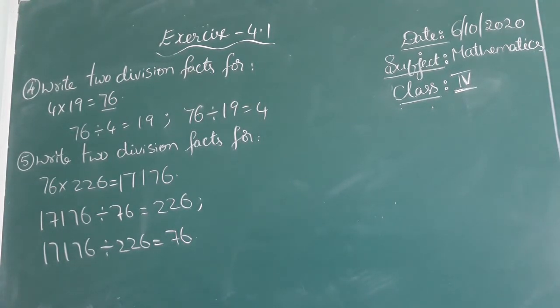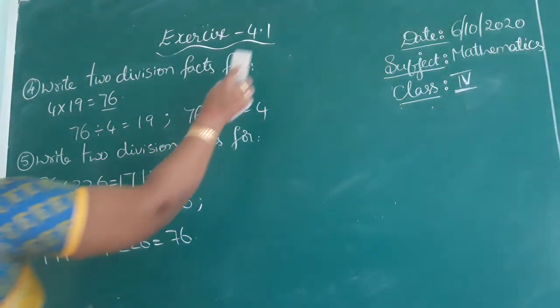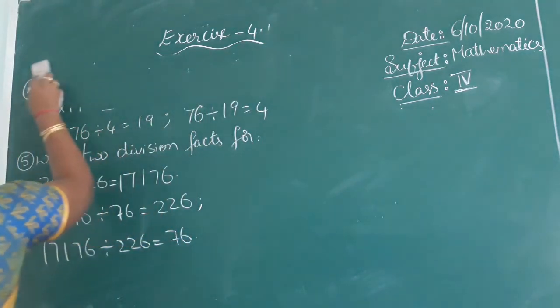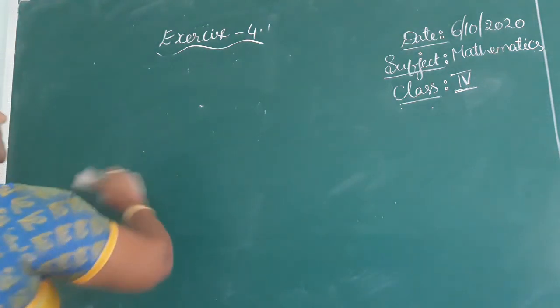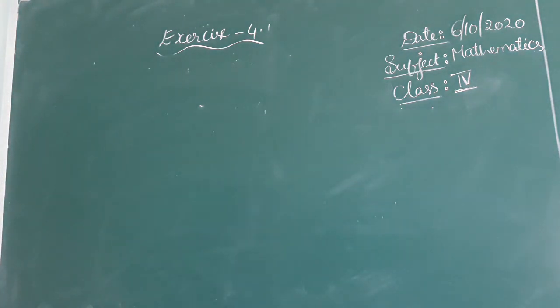Now the division exercise 4.2. It's about single digit division. The divisor is a single digit. Exercise 4.2.